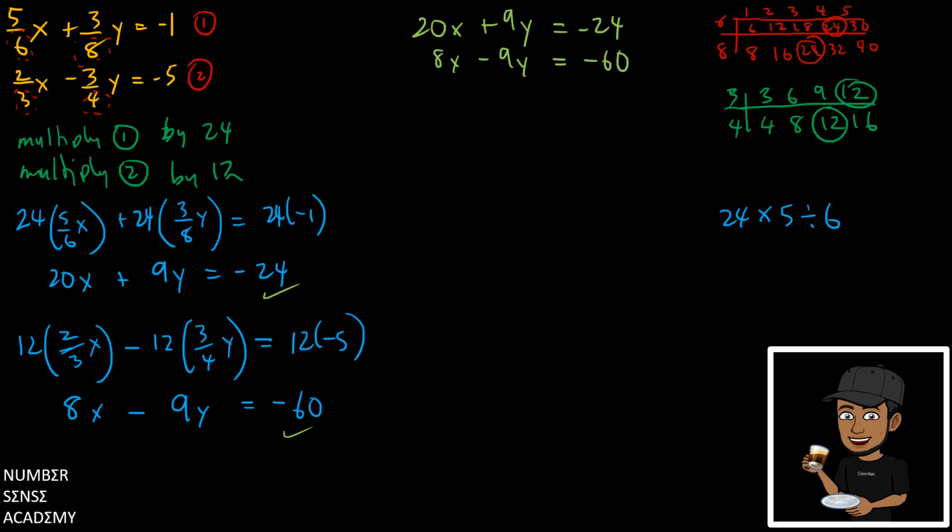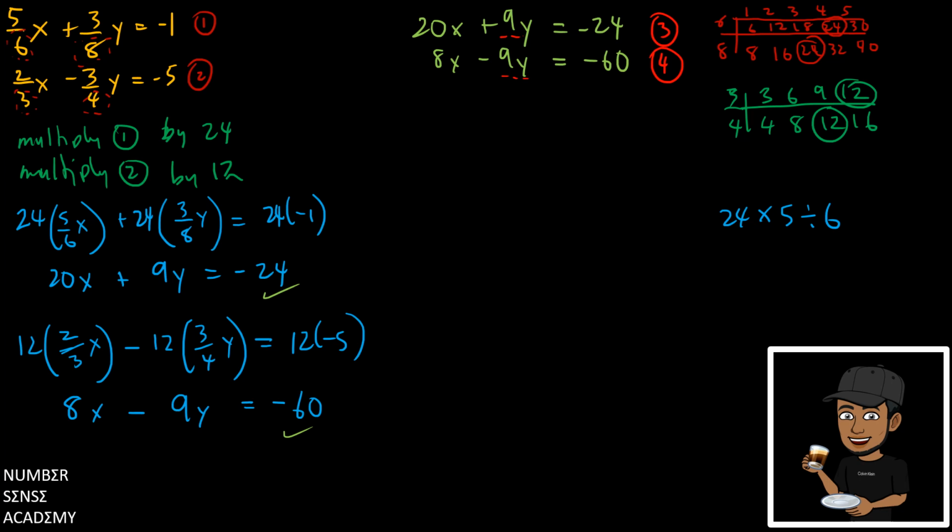And look at this. I have two 9y's that I could work with, and they're in perfect shape. One's already positive, the other one's negative. So I just have to add them. So this is my equation 3. This is my equation 4. So let's go to work.